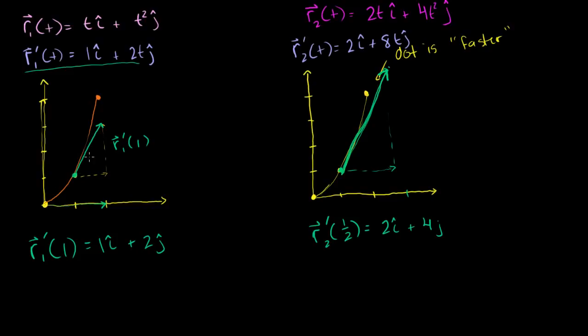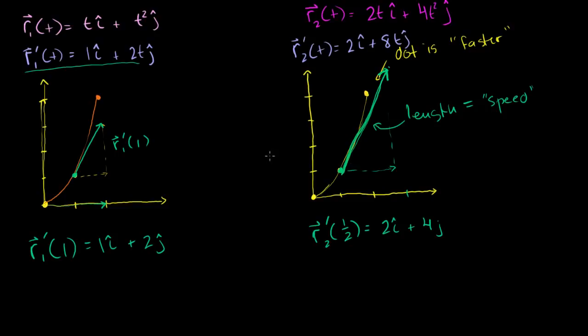And that makes sense, because I hinted at it when we first talked about these vector-valued position functions and their derivatives, that the length you can kind of view as the speed. The length is equal to the speed. If you imagine t being time, and these parameterizations are representing a dot moving along these curves. In this case, the particle only takes a second to go there. So at this point in its path, it's moving much faster than this particle is.